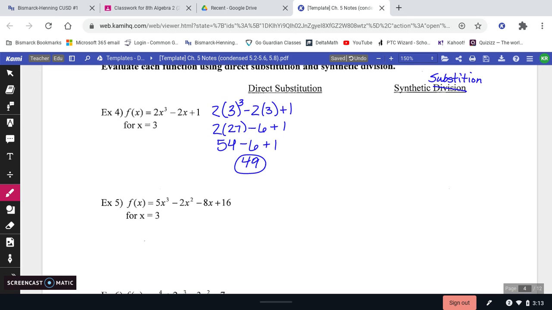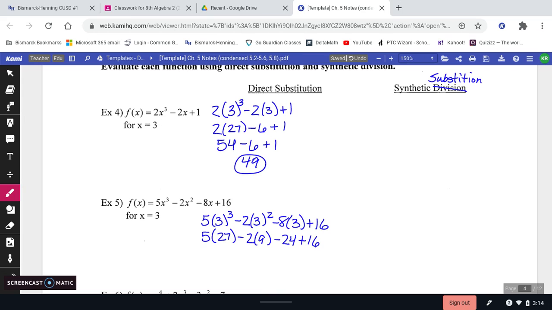Okay, we can do it for example 5 also. If I plug in a 3, so it's going to be 5 times 3 cubed minus 2 times 3 squared minus 8 times 3 plus 16. So 5 times 27 minus 2 times 9 minus 24 plus 16.